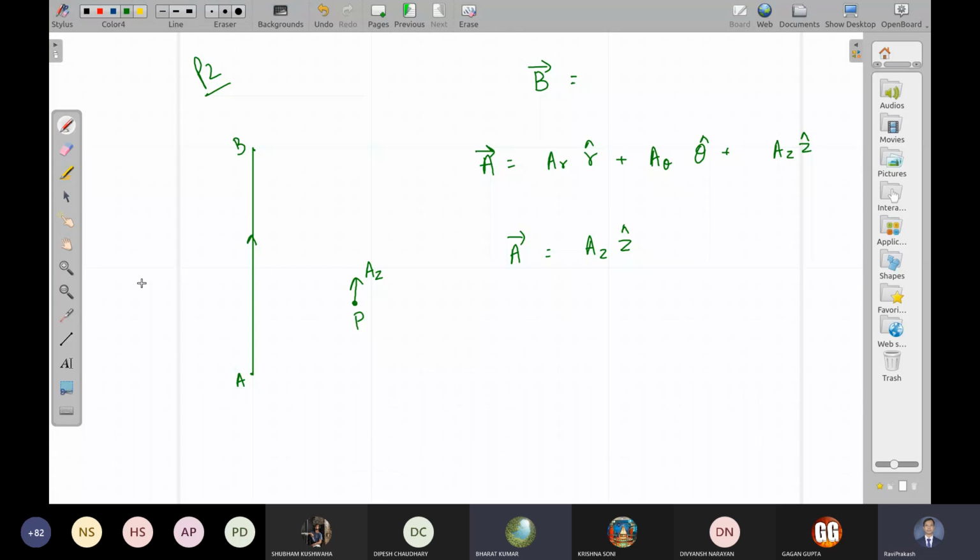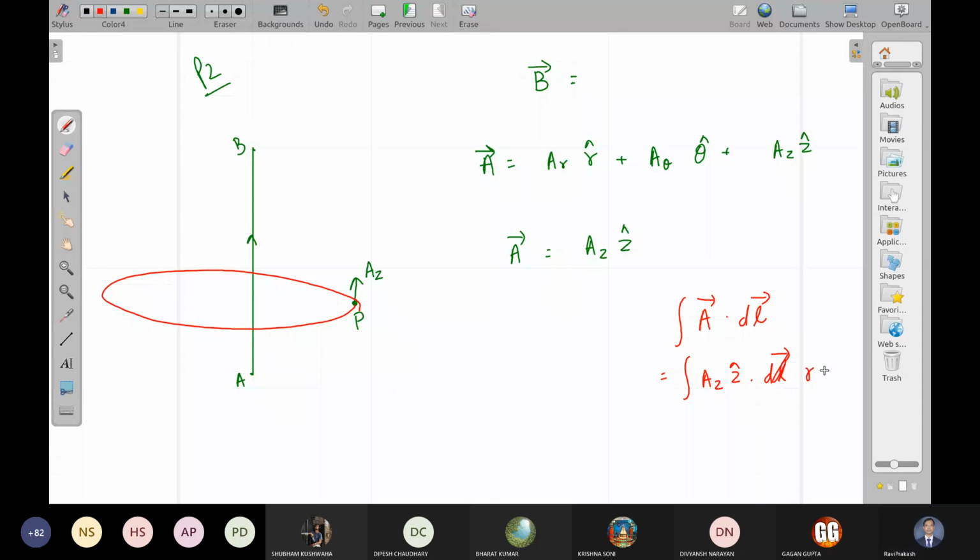If you choose a circular loop, something like this, then what is vector A dot dl? 0. So this is equal to Az z cap dot dl. dl means r d theta, theta cap. This becomes 0, right?